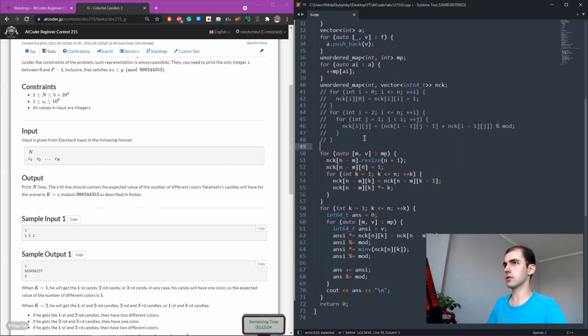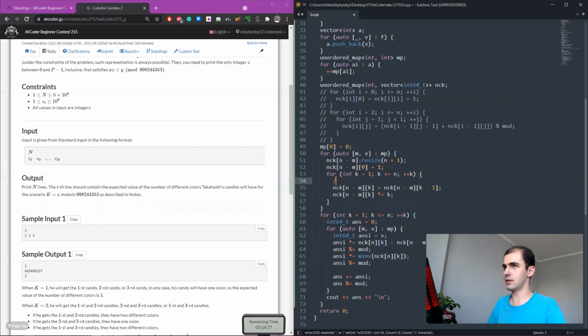Let's also say for convenience that MP at 0 gets 0. This way we'll process n minus 0 here, but it won't affect the answer in any way. Okay, I just need to write down the expression carefully.